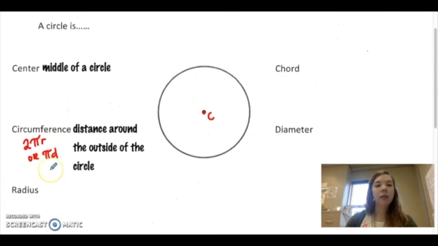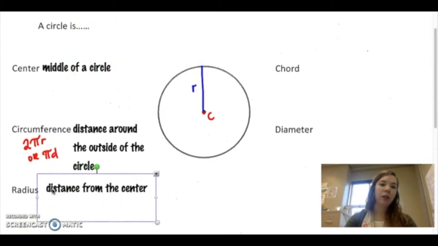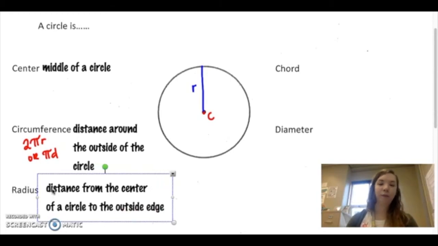A radius, these are terms you probably already know. A radius extends from the center to an edge. So distance from the center of a circle to the outside edge. Okay?